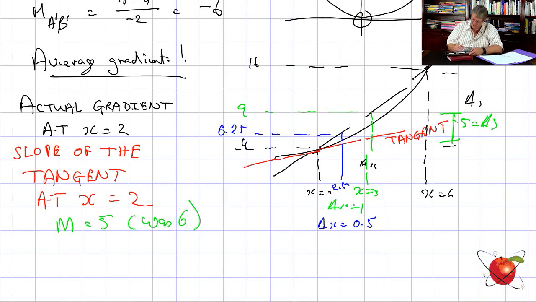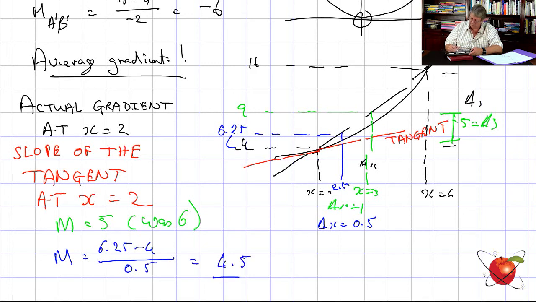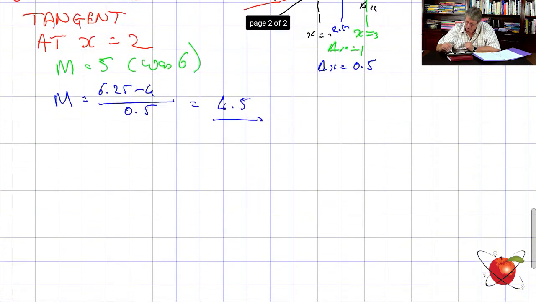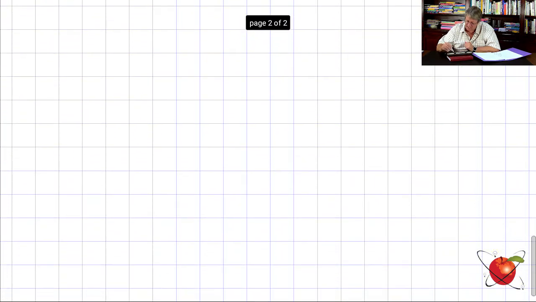So the average gradient here is going to be 6.25 minus 4, divided by 0.5, and my answer comes out to be 4.5. 6 to 5 to 4.5. And if I keep making this little delta x smaller, smaller, smaller, I'm starting to get to that point. So let's examine it in terms of a sketch.